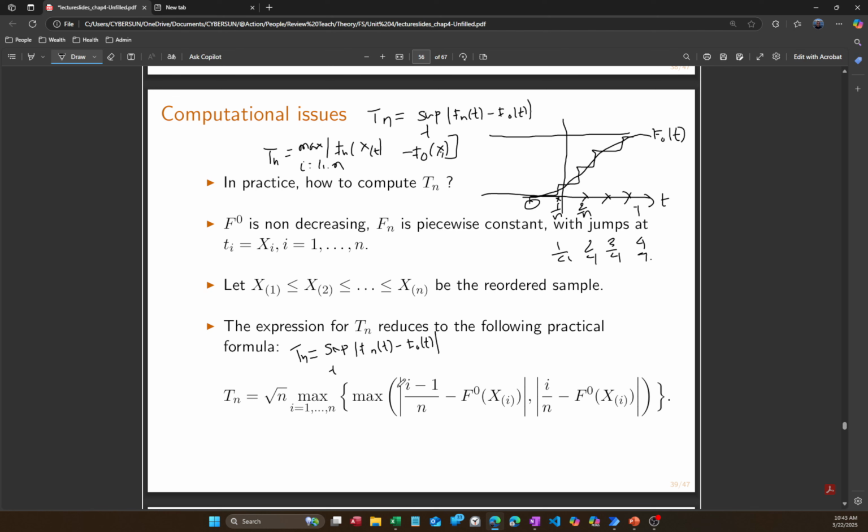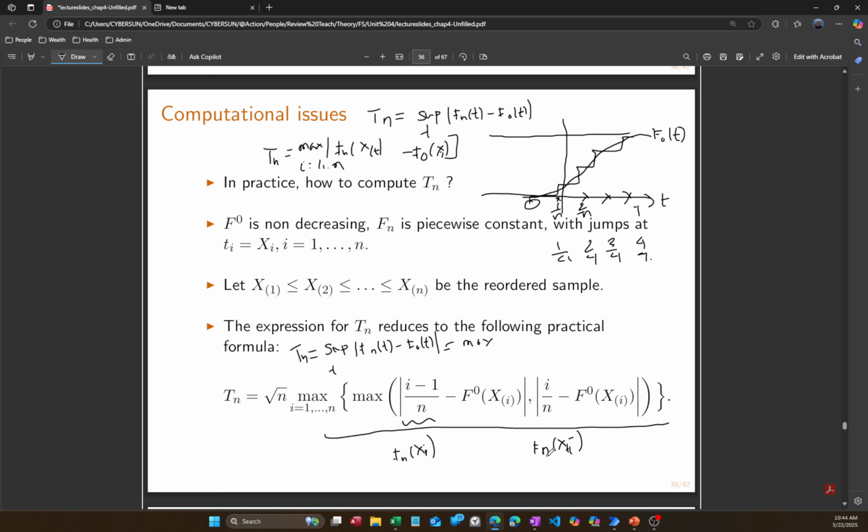At jump points, this is the general definition. At jump points, this can be expressed as a max, where this can be said as Fn(xi), and it can be said as Fn(xi minus).